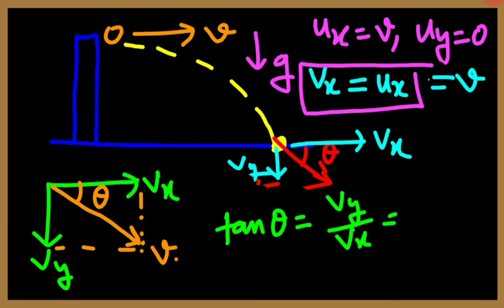Now we have seen Vy is gt and Vx is V. So this is the angle it will be making at the point of collision, the point of striking the ground. Now what is t? What is the time period I have shown already? So by that formula we can find out this angle. This angle will be tan inverse of gt by v.